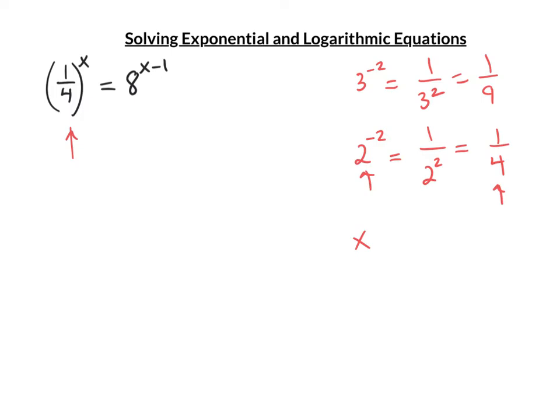Just to point out, if you say x to the 5th times x to the negative second, remember how when you multiply, you add your powers? Of course, this is x cubed. But if I apply the reciprocal idea, this would be x to the 5th times 1 over x squared.